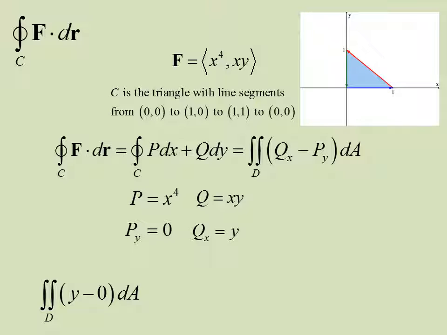Then we need to describe the area of that region. Well, we can describe that by finding the equation of the line and just using x's and y's. We want y to go from 0 to 1 minus x, and then x to go from 0 to 1. And we get the same value.